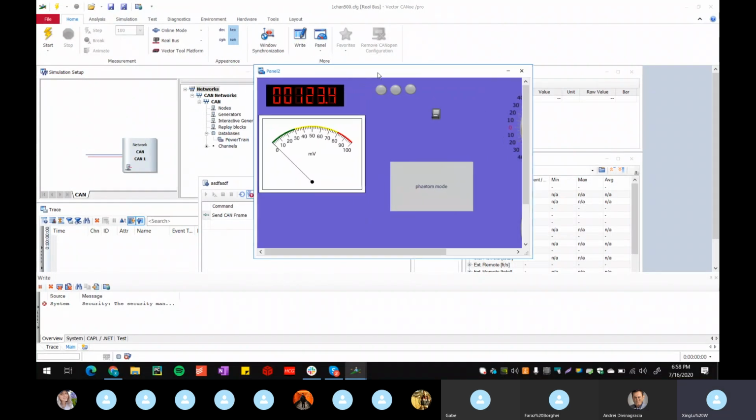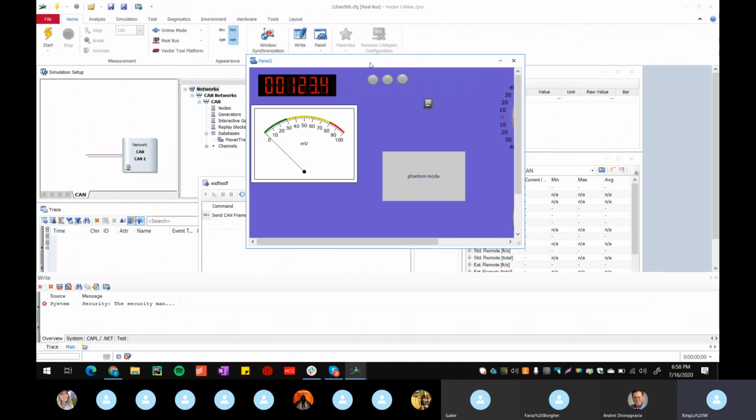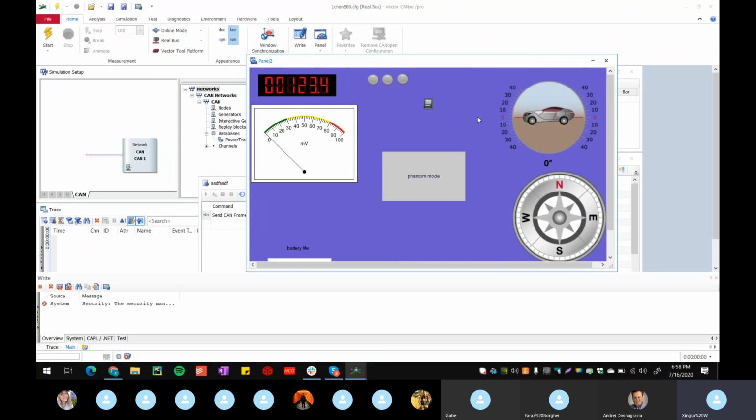Okay, so this is something you can do with Canoe. Basically, if I had the CAN system set up with some sensors and, for example, the accelerator pedal, I could have it live decode information and put it into graphs and charts. This is a value, for example, it could be voltage. These are just on and off lights to simulate a dashboard. This is a switch. This is a button; I don't think I can click it because my CAN isn't running, but this is a button I could use.